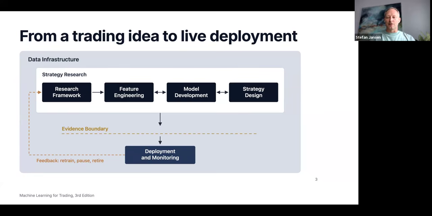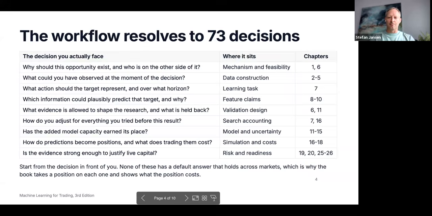And after you've done all this and you evaluated your strategy historically, you hit the evidence boundary and need to ask yourself whether the evidence that you've collected is really trustworthy and likely to survive in a real market. So you spend quite a bit of time on the various multiple testing controls and the risks of backtest overfitting and multiple testing adjustments and so forth. And then we also discuss what happens when you are live, which we didn't have in the second edition at all. So there are new chapters on this and other tools that are discussed in more detail.